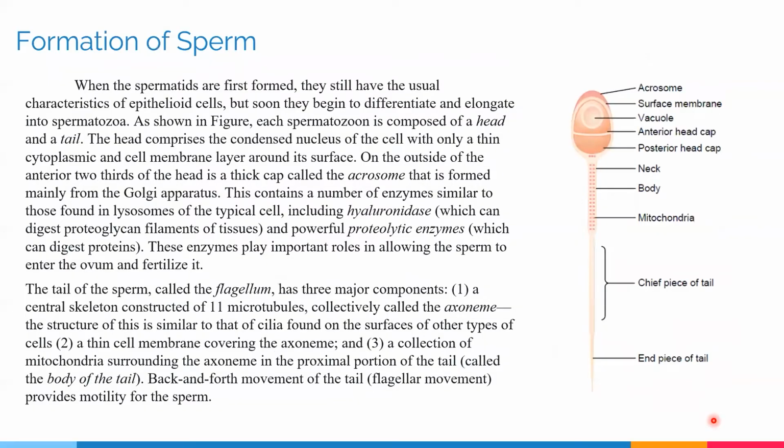Next, we look into the formation of the sperm and its structures. When the spermatids are first formed, they still have the usual characteristics of epithelial cells, but soon they begin to differentiate and elongate into spermatozoa.